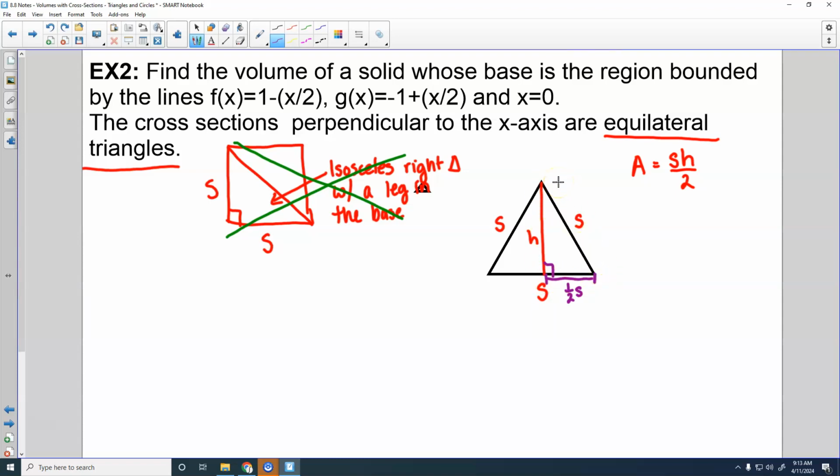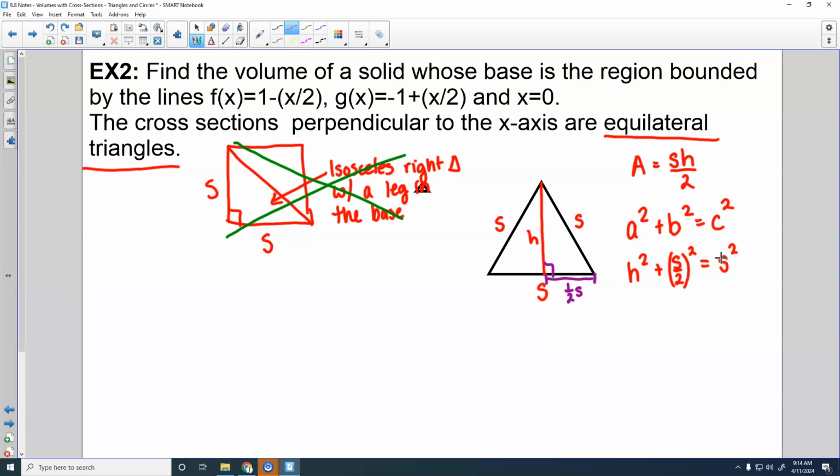What can we do when we have a right triangle? With our sides, something that's always true about the right triangle: the Pythagorean theorem. So you can do a squared plus b squared equals c squared here. So that is going to be h squared plus, I'm going to call this s over 2, it just makes it a little easier to do, squared equals s squared.